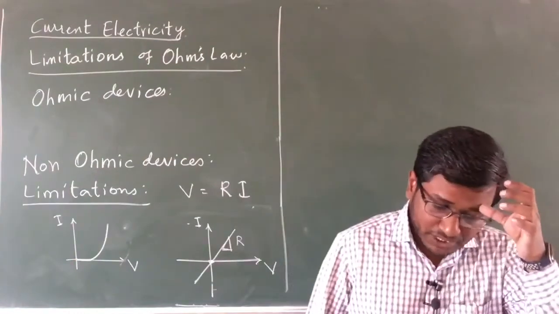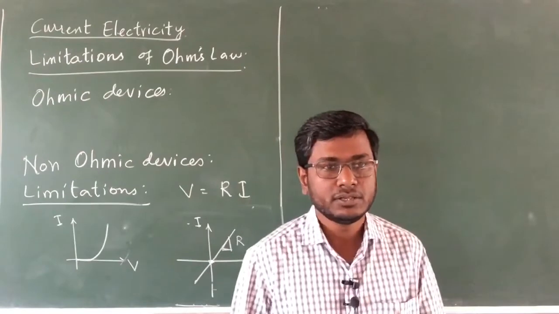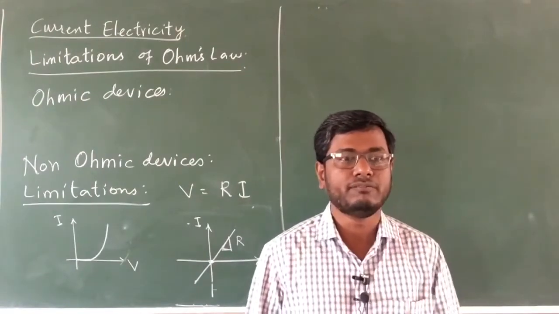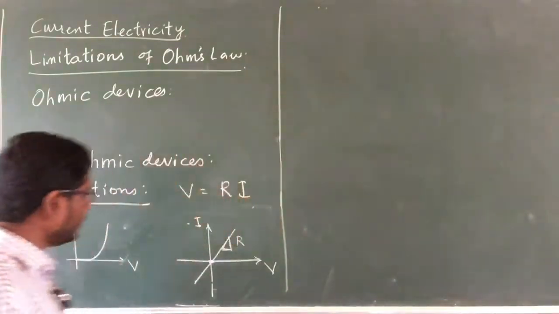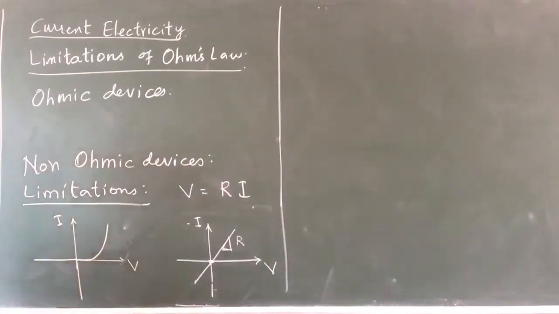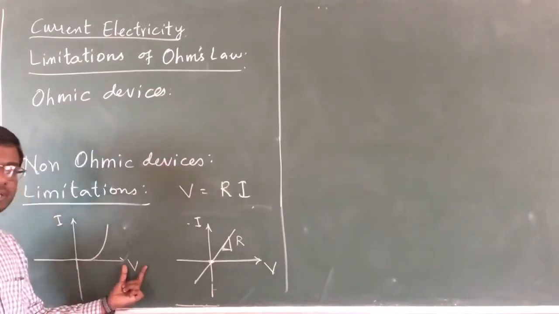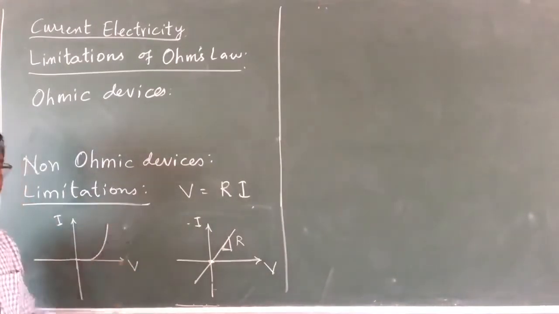The relation between V and I is going to be dependent on the sign of V. How? If I take the reverse biased diode, according to the graph, when I applied the positive voltage it gave me this kind of curve.